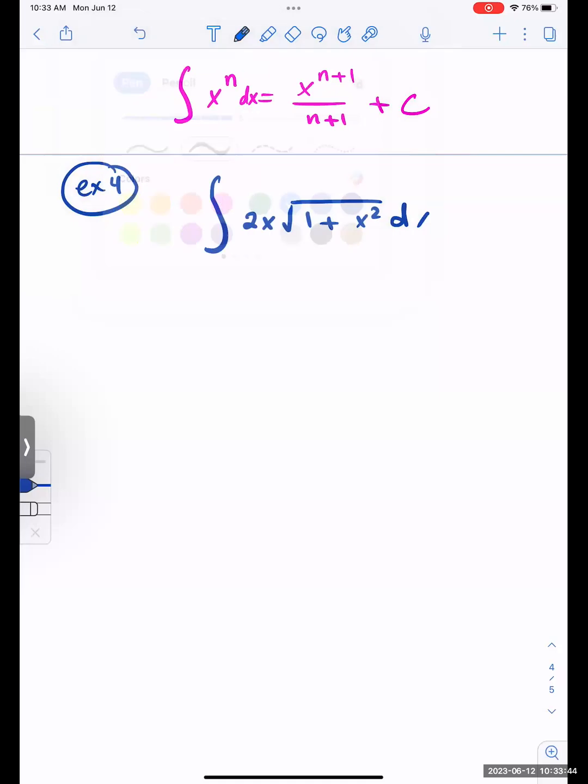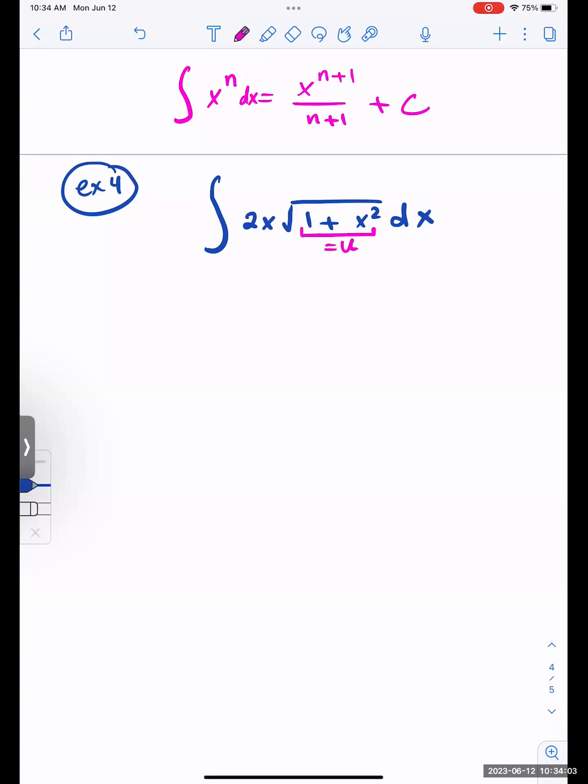That's what you know. In this case, it's nothing similar to that one, but you may change it to something that gets similar to that one. What if I let 1 plus x squared to be equal to u?